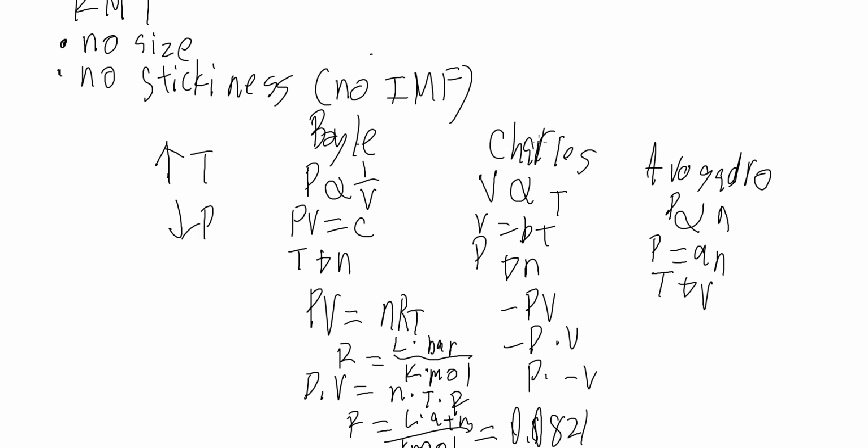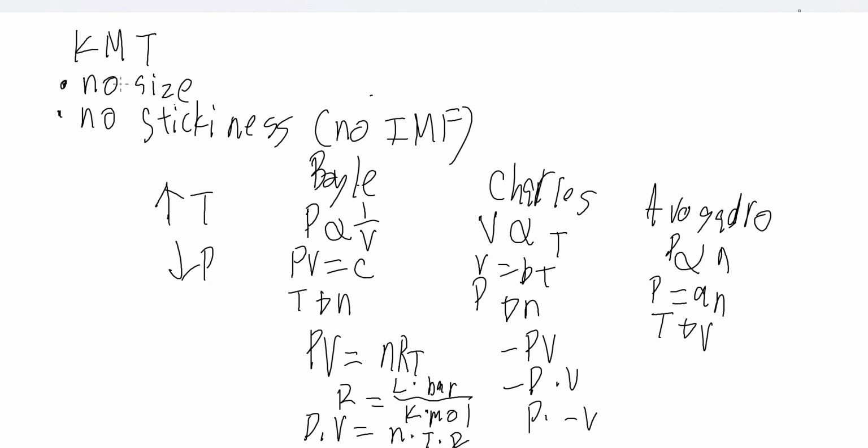And this is basically what KMT is. It boils down to no size and no IMF, right? And so what you can actually do is a lot of times you can boil gas questions down to what does this say under the ideal gas law, right? You're given temperature, volume, pressure, and you're asked to find moles.